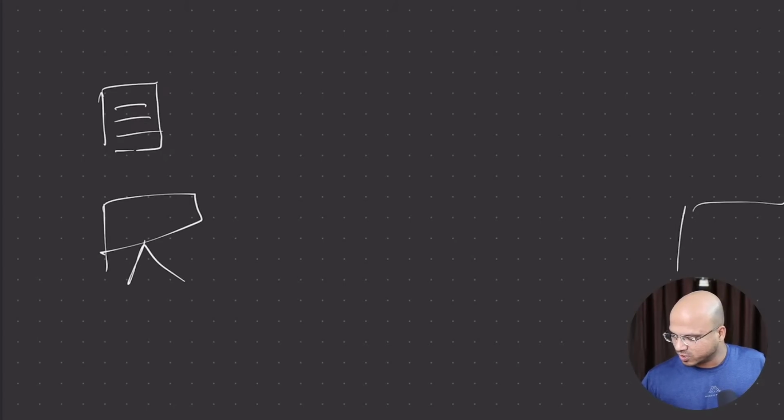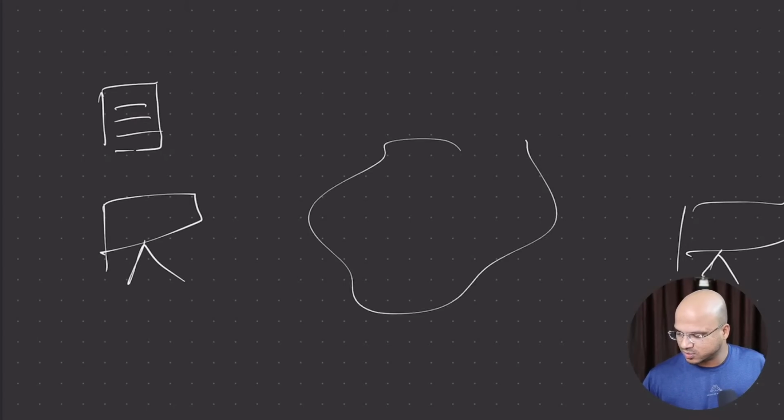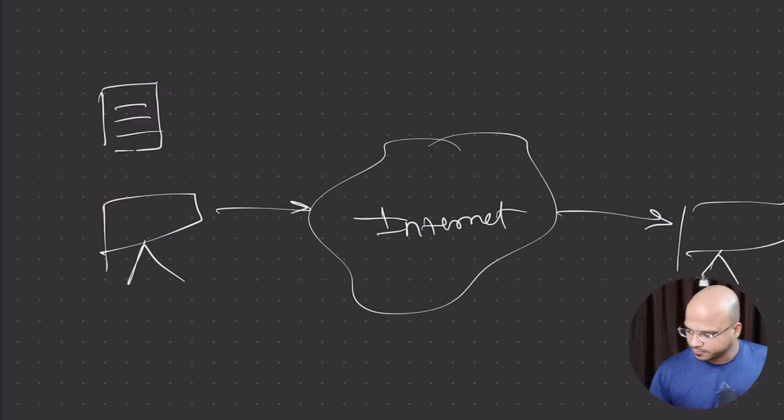Just to explain what cryptography is. We have a plain text here, and I want to send this plain text from one computer to another computer over the network. This is the internet.